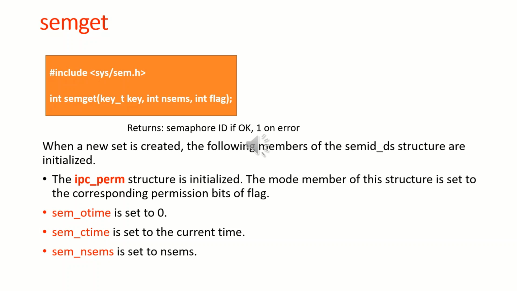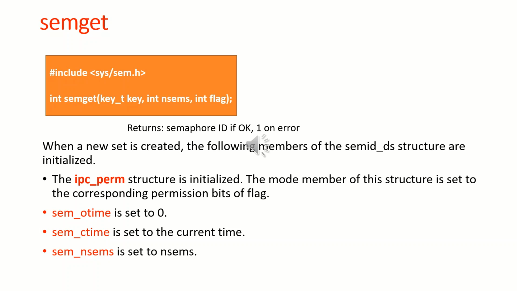We have already seen the rules of converting the key into an identifier and discussed whether a new set is created or an existing set is referenced. Based on that we can set the key. When a new set is created, the following members of the semid_ds structure are initialized.